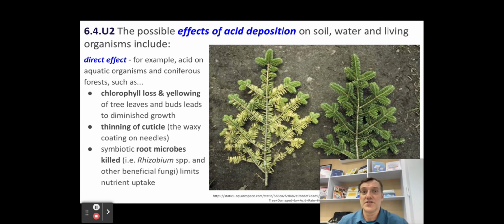For example, fish eggs and larvae may not survive in acidic water, and the needles of coniferous trees may turn brown and fall off, as you see in this image here. That means that they are not photosynthesizing properly.